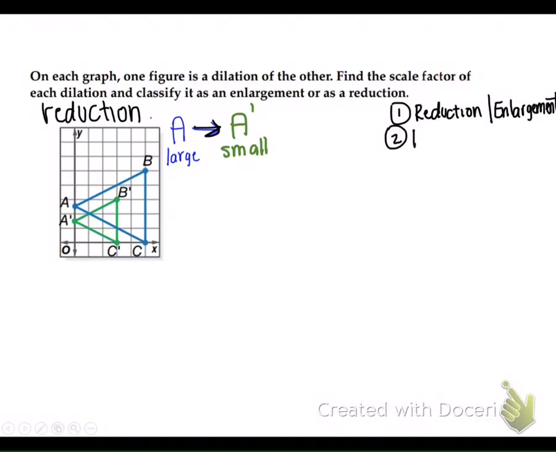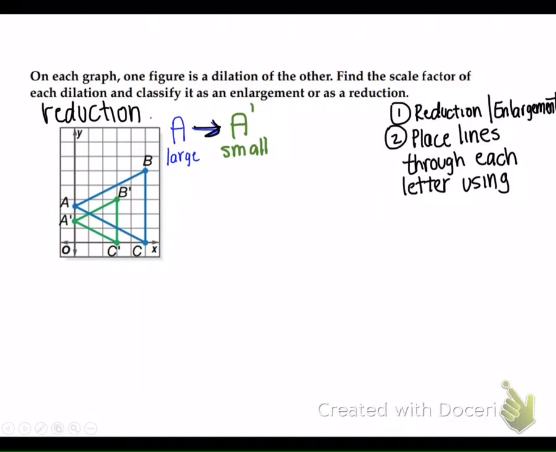We're going to place lines through each letter using the center of dilation.